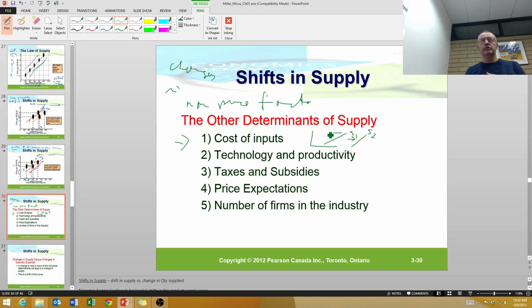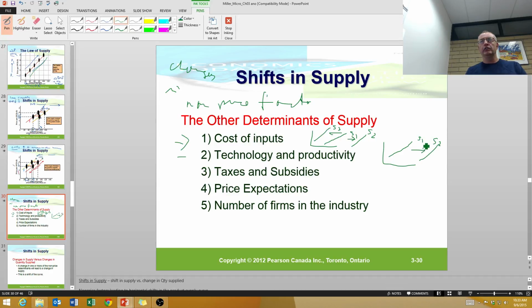And if our costs increase, our supply curve will shift to the left. Then we can have changes in technology. If our industry experiences a technological improvement that results in lower costs, then the supply curve will shift out.